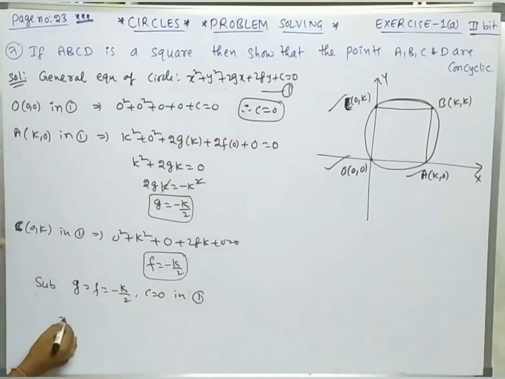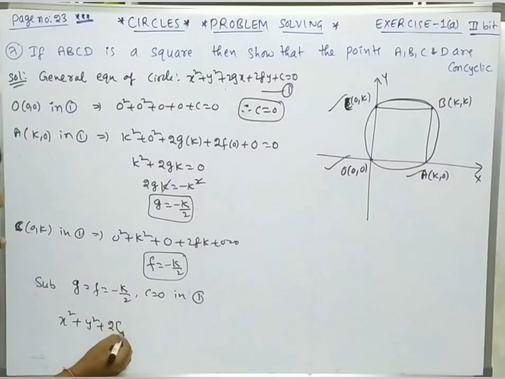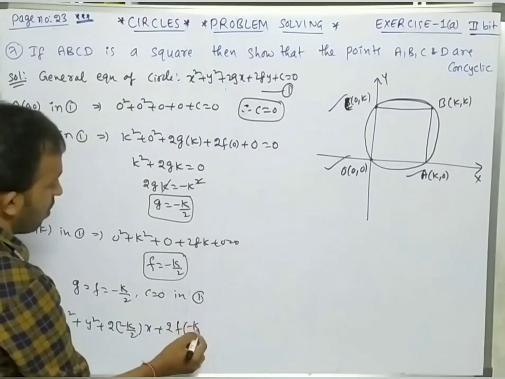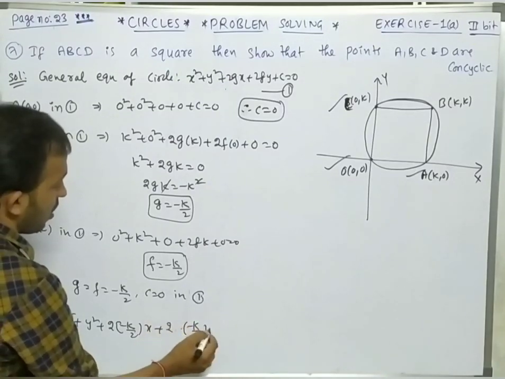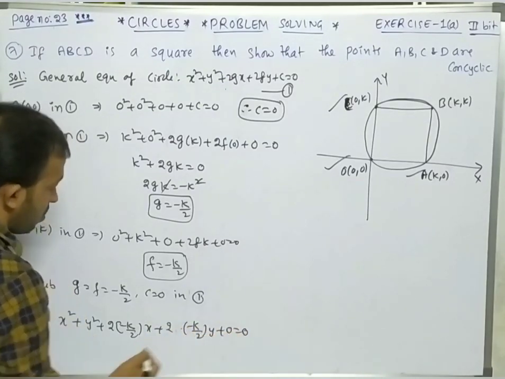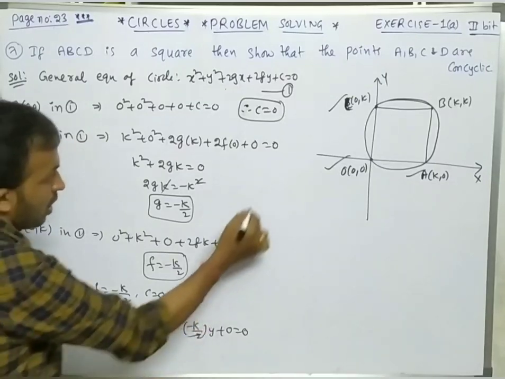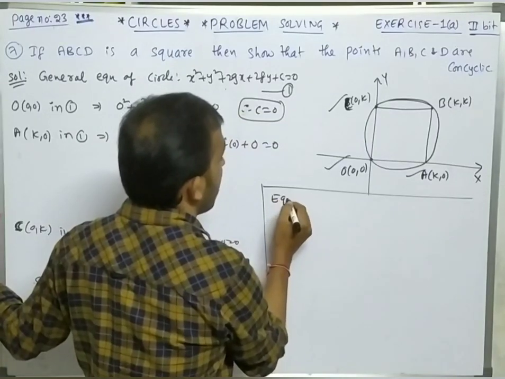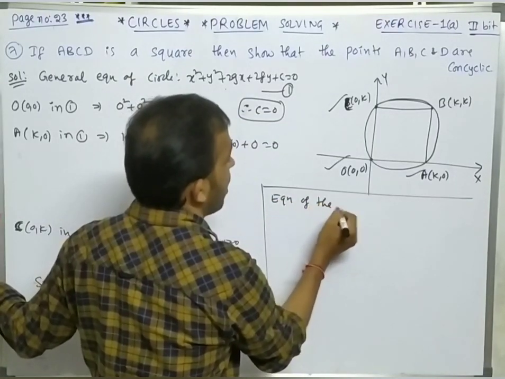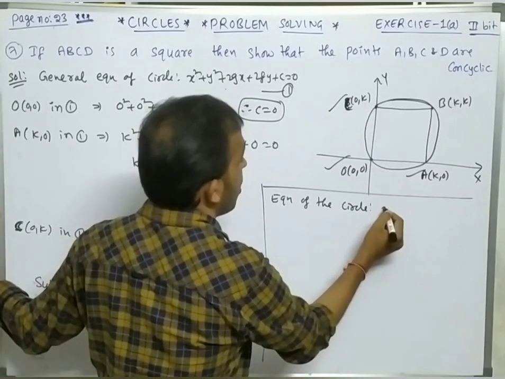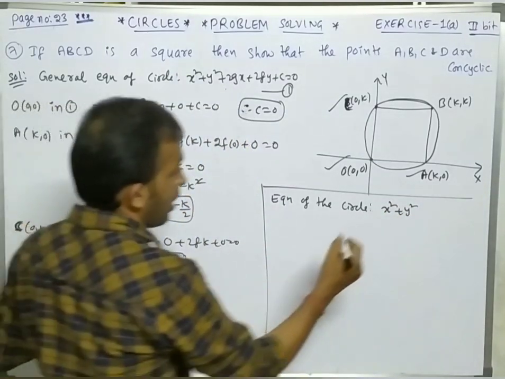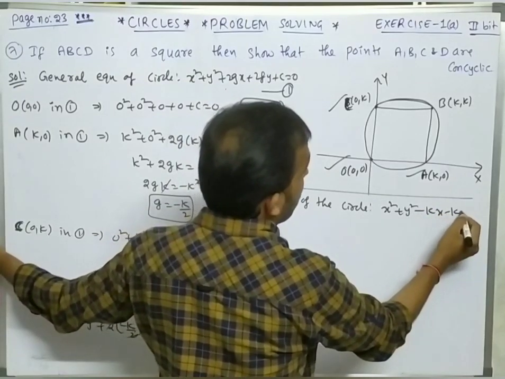You will get x square plus y square plus 2gx plus 2fy plus 0 is equal to 0. So finally, what is the equation of the circle? x square plus y square minus kx minus ky is equal to 0.